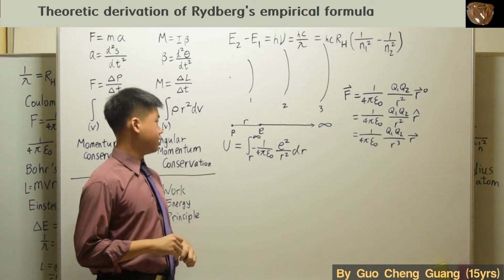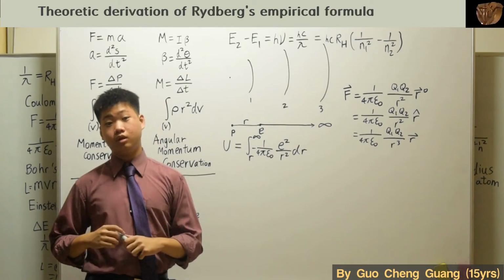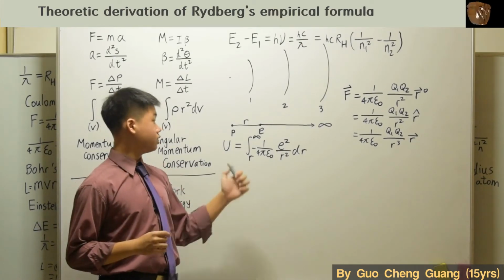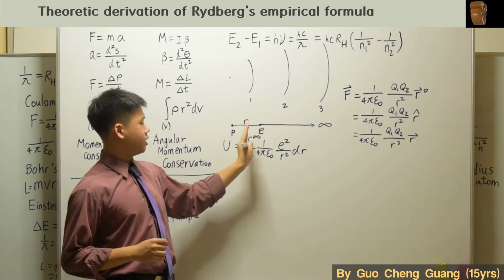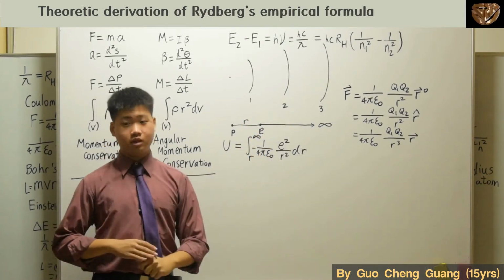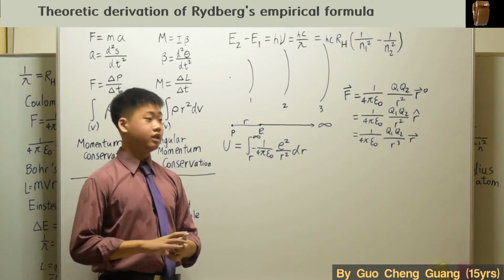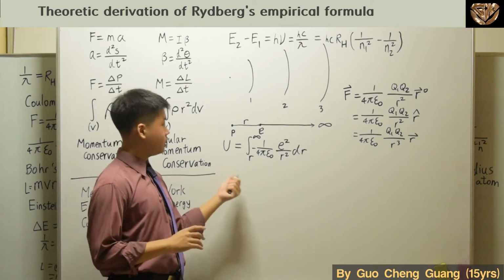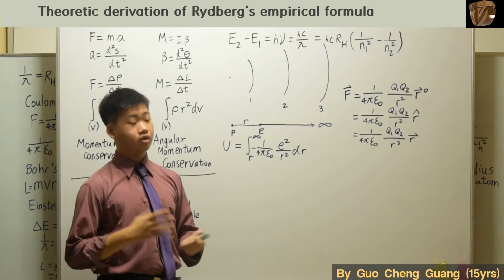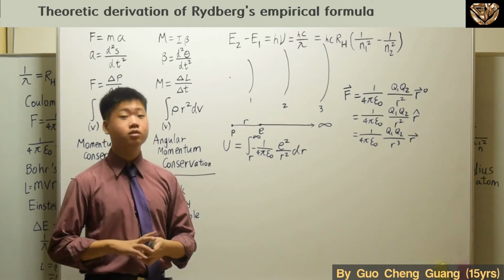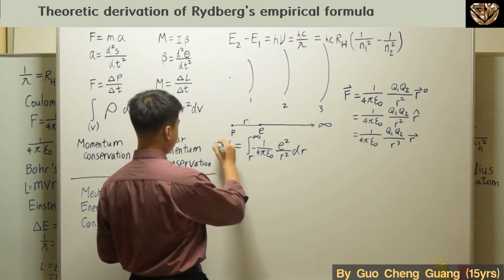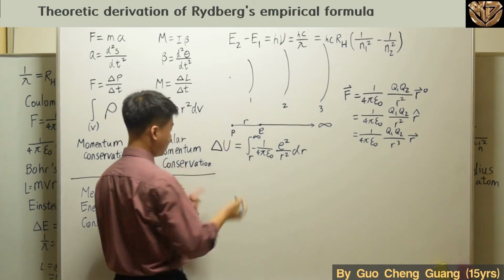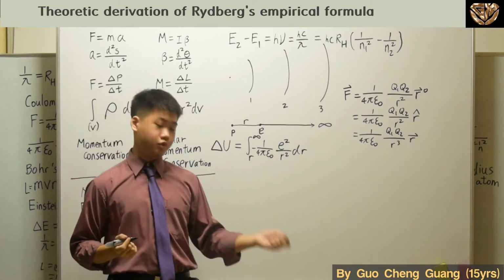So negative means it just points in the other direction. And since it is in the other direction, later on you would realize, let's say we have a U(r) and a U(infinity), then you can already know whether it is an increase or decrease, alright? So since I've already said it's an increase or decrease, you can also write this as delta U, but it's up to you.